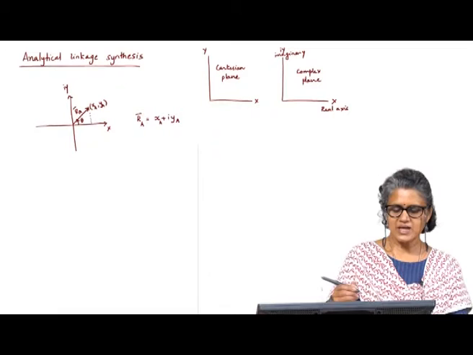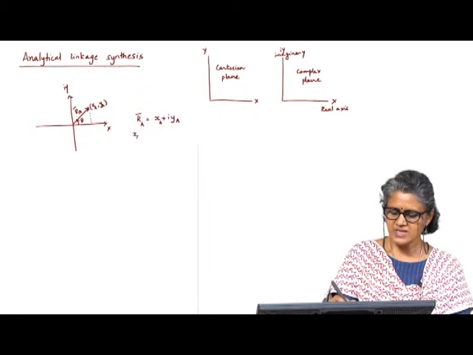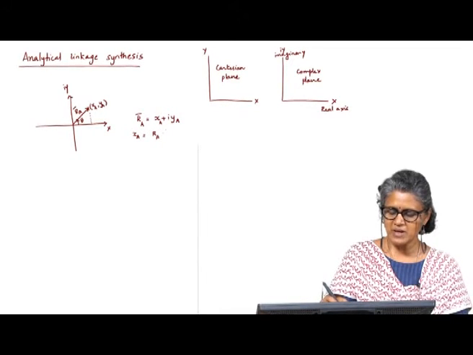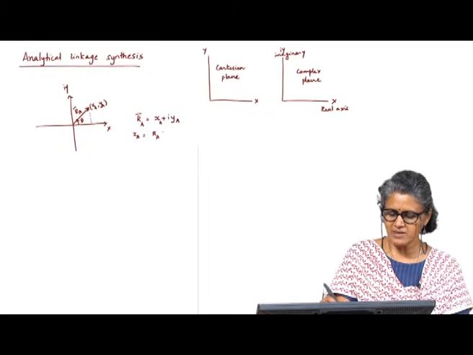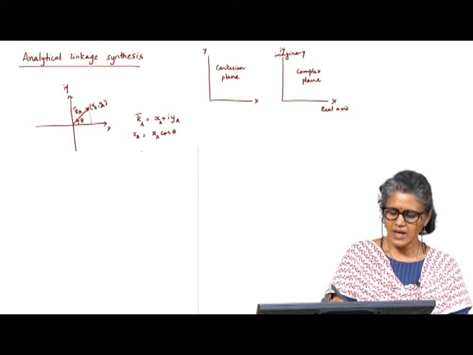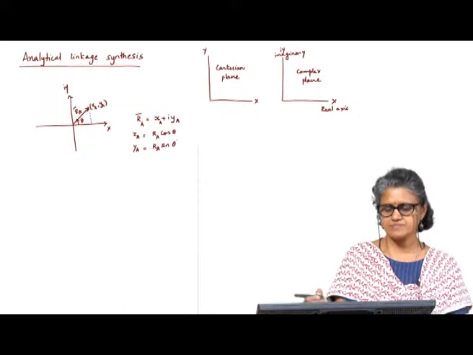If this makes an angle theta with the x axis, X_A is nothing but R_A, where R_A without the bar is the magnitude of that vector, times cos theta, and the imaginary part is R_A sin theta.